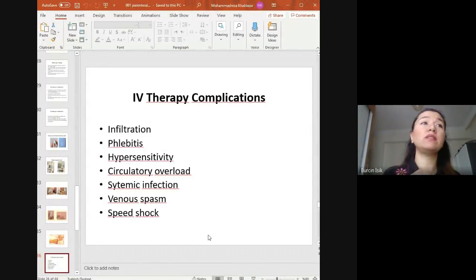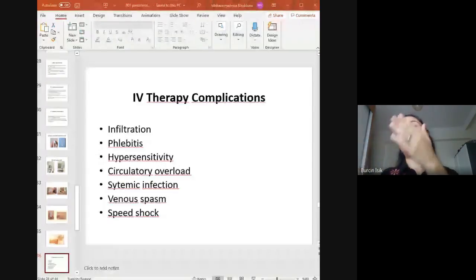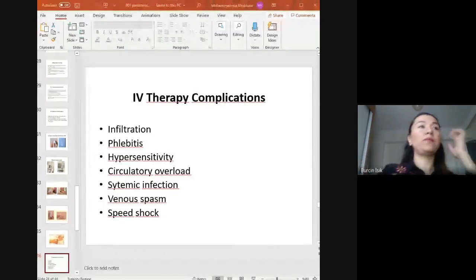And hypersensitivity, and the choice of drug is very important. Many drugs, for example, if you use the hand, there are tendons. Depending on which drug is running, you must be careful. Maybe drugs cause necrosis in the hand tendons. So it's better to use other veins.